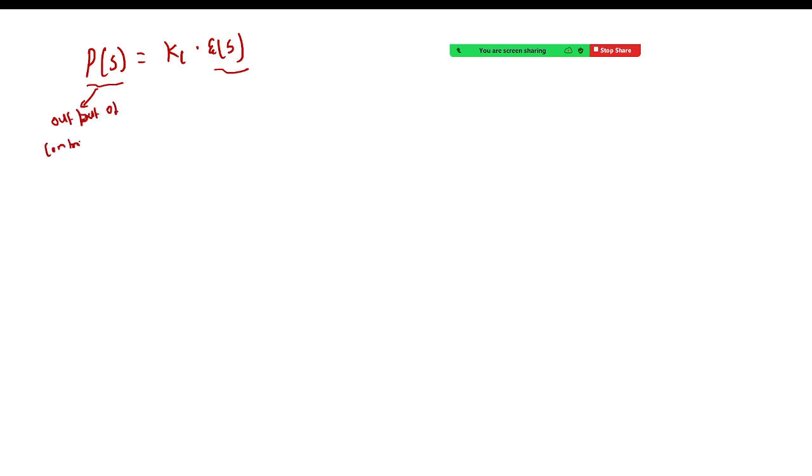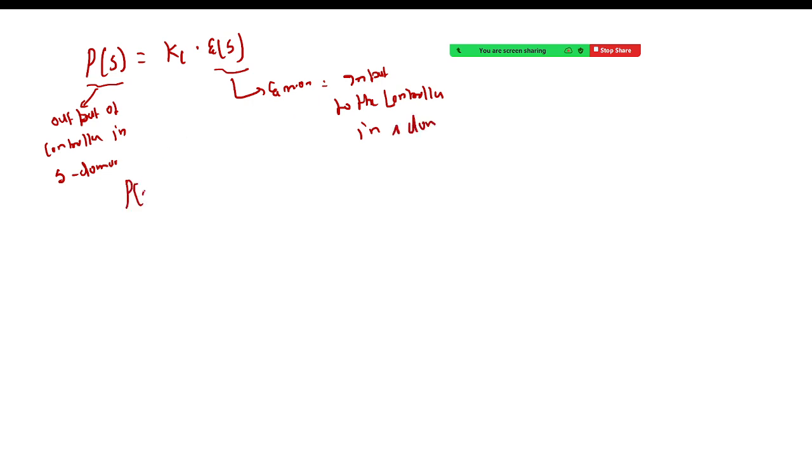of the controller in the S domain, and that is the error, that is the input to the controller in the S domain.